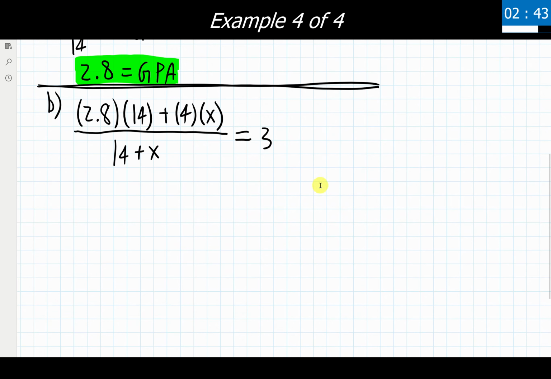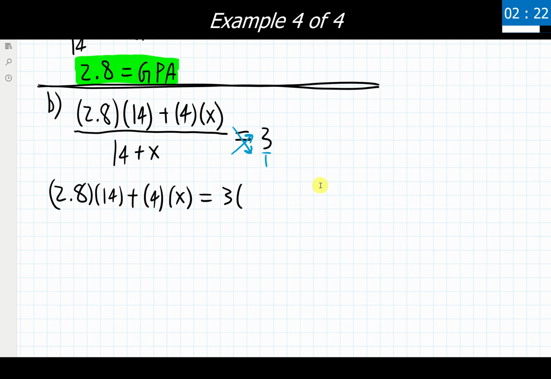So I can actually do cross multiplication, thinking back to our 8.7 material, to help me get to my answer here. So I would have 2.8 times 14 plus 4 times x is equal to 3 times the entire denominator, 14 plus x here. And now I can go through and solve this equation out for x.